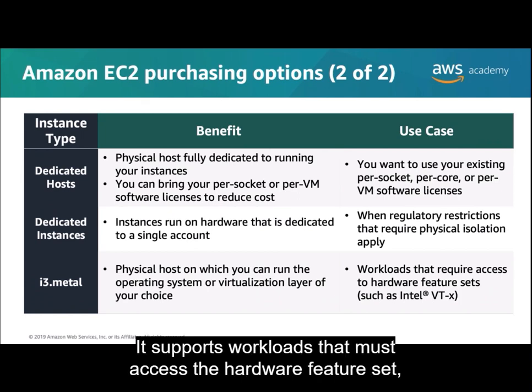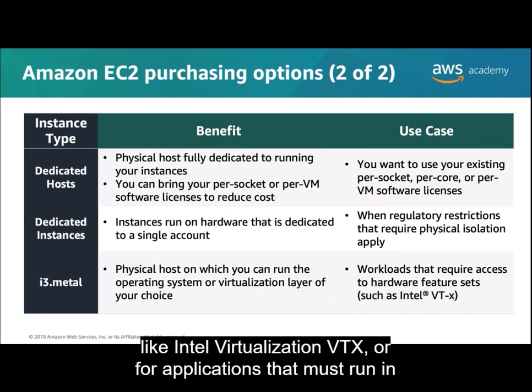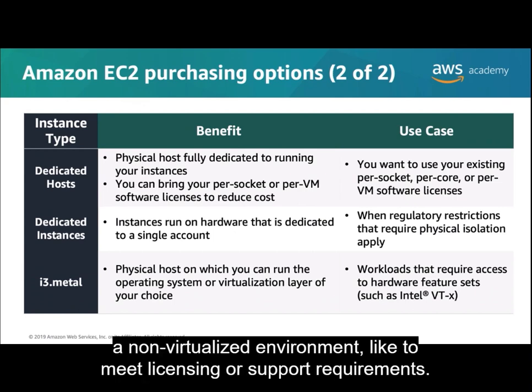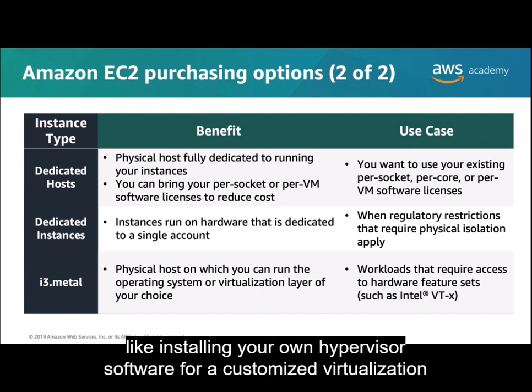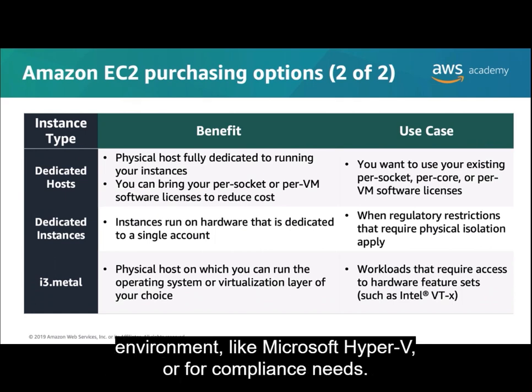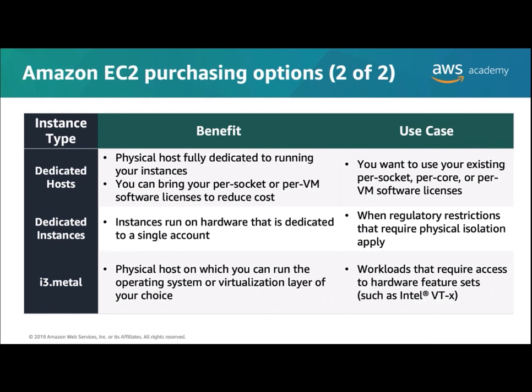It supports workloads that must access the hardware feature set, like Intel Virtualization VTX, or for applications that must run in a non-virtualized environment, like to meet licensing or support requirements. Direct hardware access also includes use cases like installing your own hypervisor software for a customized virtualization environment, like Microsoft Hyper-V, or for compliance needs.